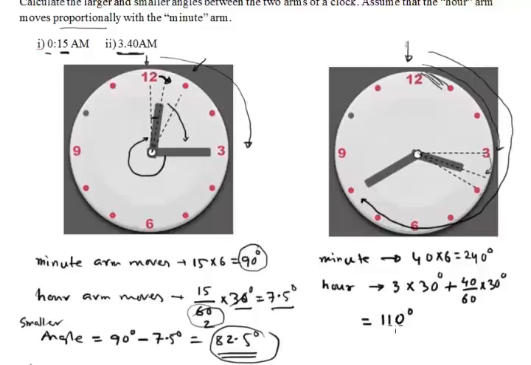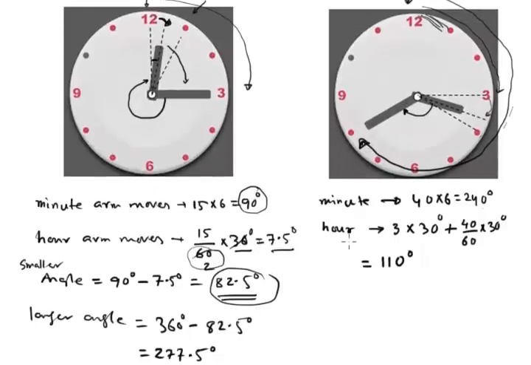110 degrees. So the minute arm from this reference point, we are calculating everything from here. The minute arm in 40 minutes moves here, which is 240 degrees, and the hour arm moves 110 degrees. So the angle in between these two will be 240 minus 110.